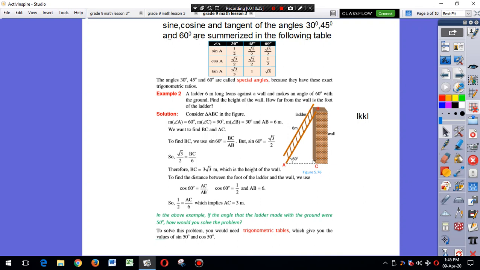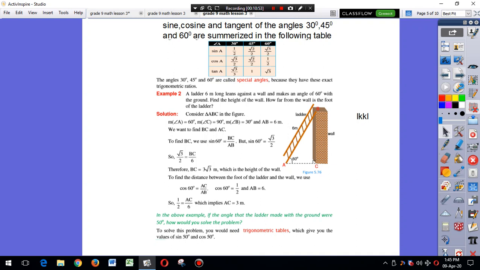So to find BC, or the height of the building, we use sine 60 degrees equals opposite over hypotenuse. The opposite side to 60 degrees is BC, and the hypotenuse is 6.